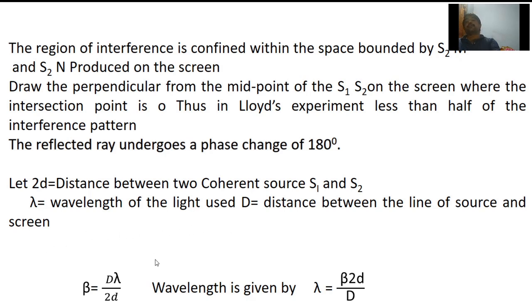Then we know that the fringe width is given by the equation beta is equal to D lambda by 2d, and the wavelength of the light is given by lambda is equal to beta 2d by D. By knowing the value of fringe width, d, that is the distance between the two coherent sources, and the capital letter D, we can determine the wavelength of the given light.